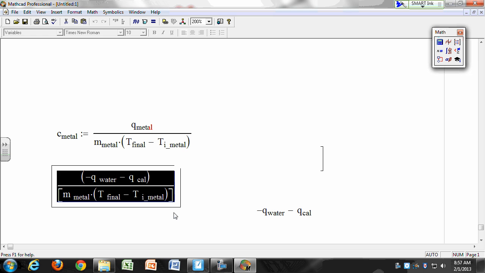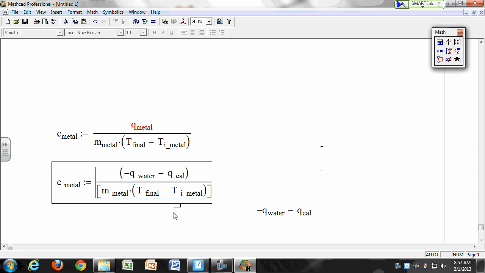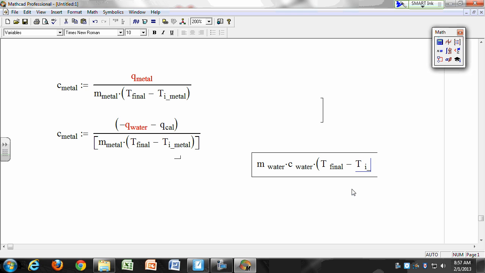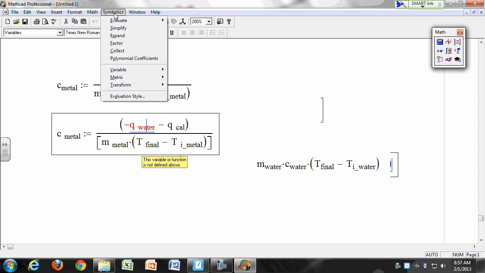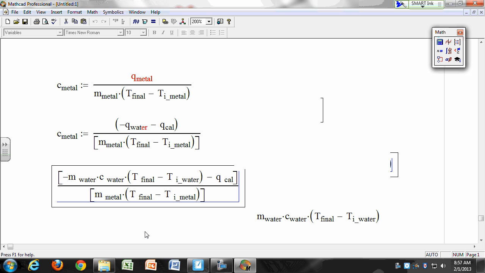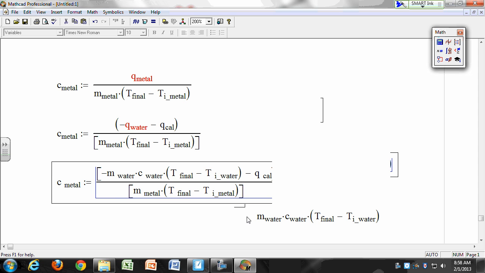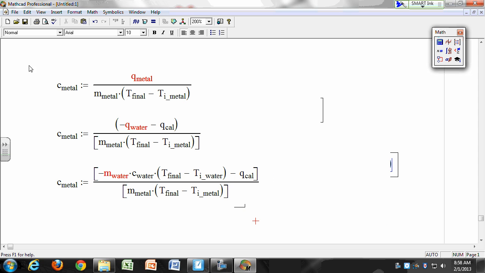Okay, so that's my C metal, right? And what's the formula for Q water? Q water is mass water times C water times T final minus T initial water. So I'm going to copy that and substitute that for Q water over here, variable substitute. And there's my equation. So C metal equals that. Okay. Let me clean that up.